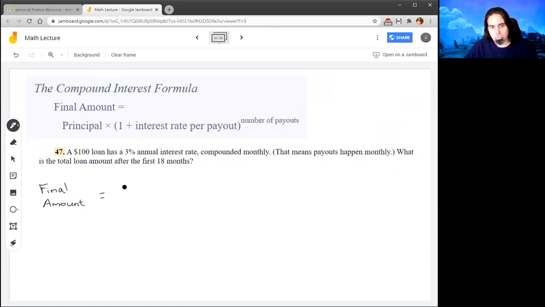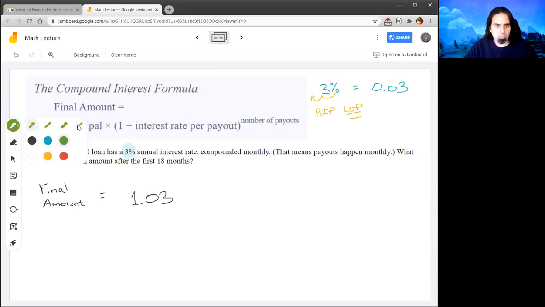So we start with the 1. We're going to put on a 0.03. Where did I get a 0.03? Because 3% is 0.03 after we screw the decimal twice. And the exponent is 18 months.